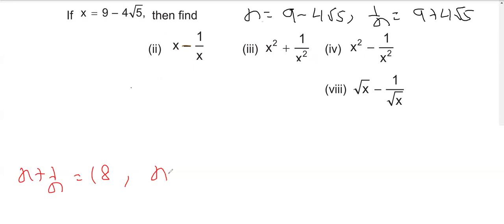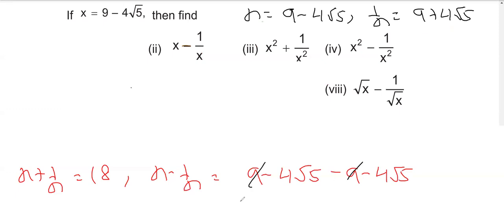So x is 9 minus 4 root 5, and then minus 1 by x, so minus of this will give minus 9 minus 4 root 5. You can see here that 9 and minus 9 get cancelled. So we'll get the value for the second part as minus 8 root 5.